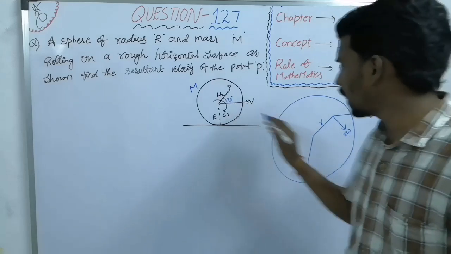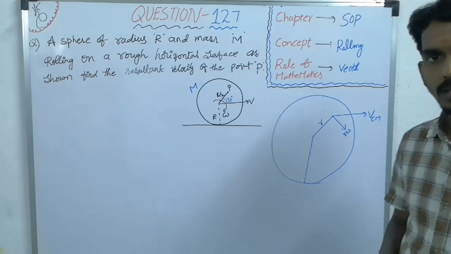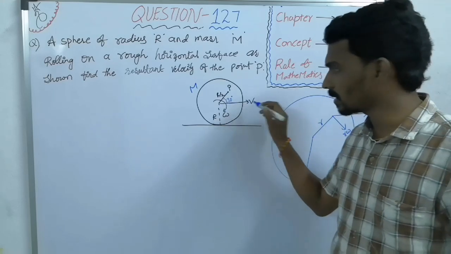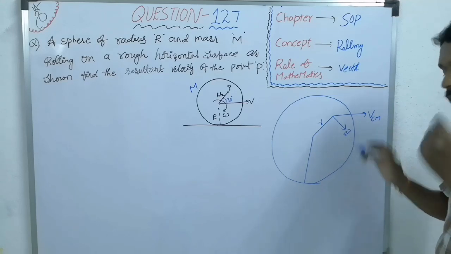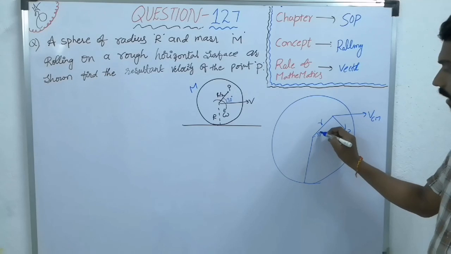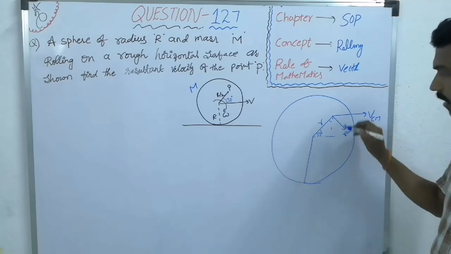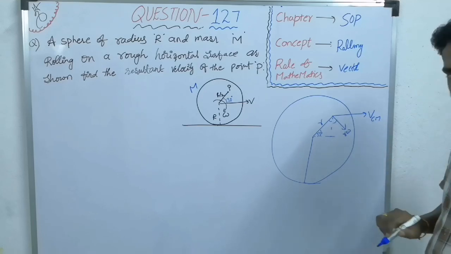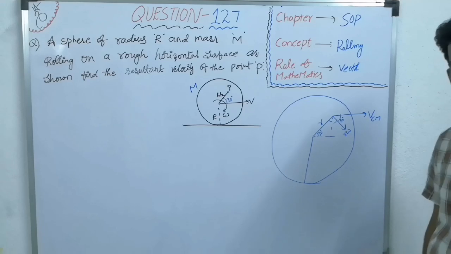So here, what is the velocity of center of mass? They have given v. So the velocity of center of mass is v and the velocity due to rotational motion is r omega, and this angle is 30. Now this is 60, this is 30, then this is 60.